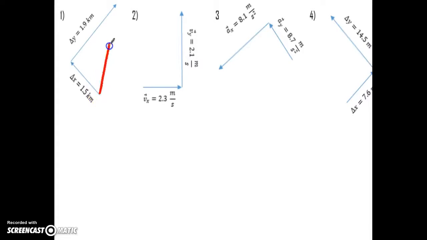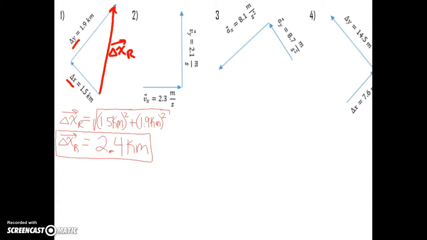Here's our resultant. In this case, since we have deltas, we're looking for delta x r. And we already know how to find it. So, delta x r. Just for the sake of time, let me get the answer to magically appear.